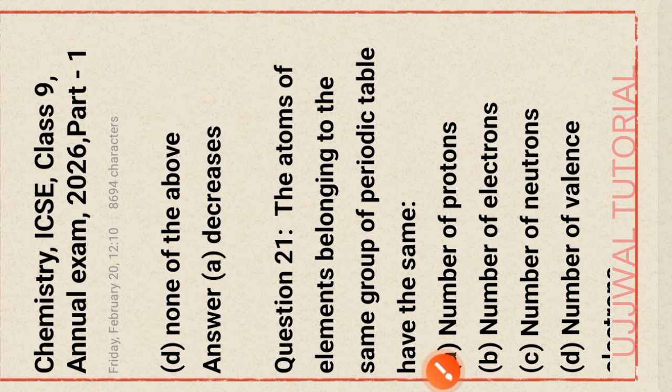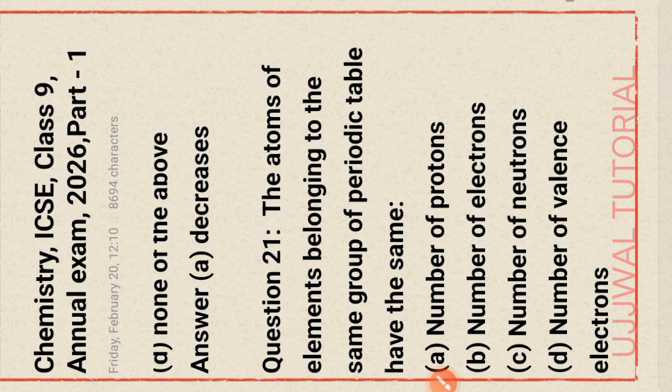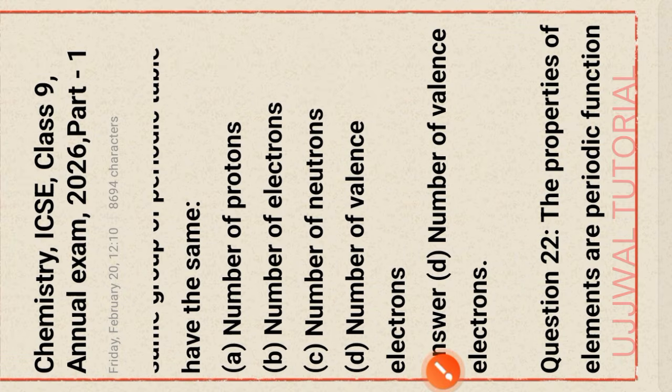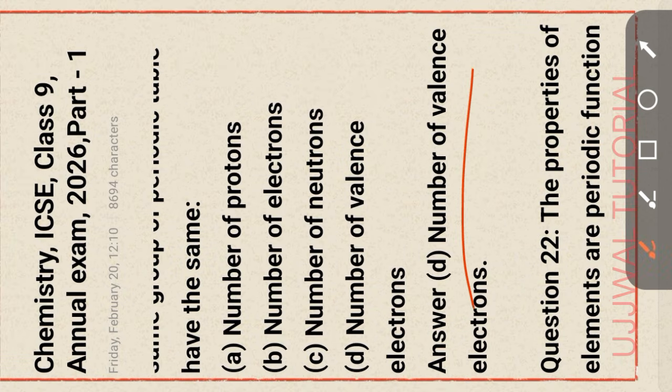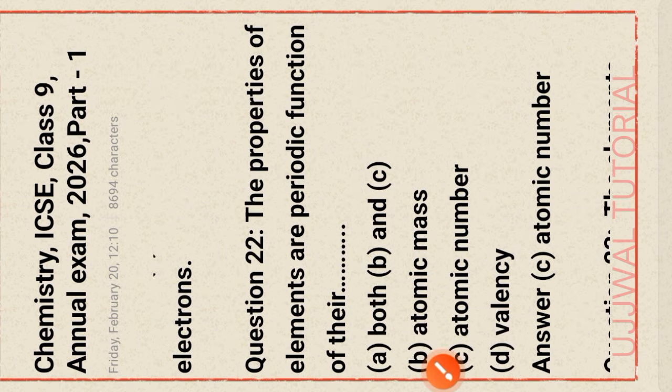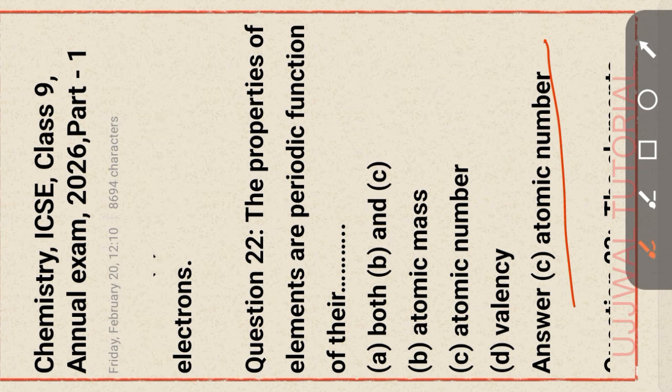The elements belonging to the same group of the periodic table have the same number of valence electrons. The properties of elements are periodic functions of their atomic number.